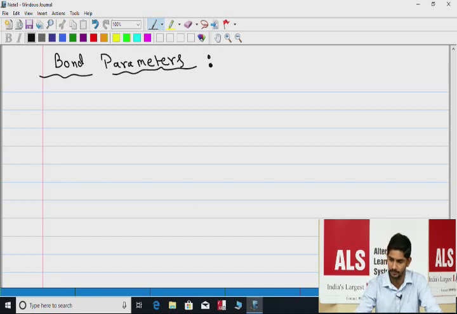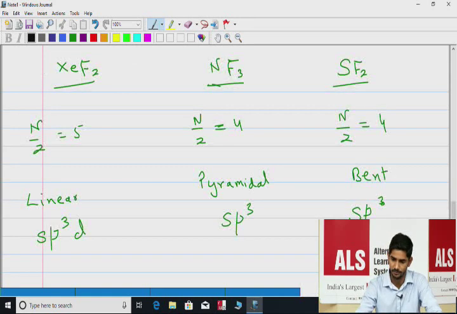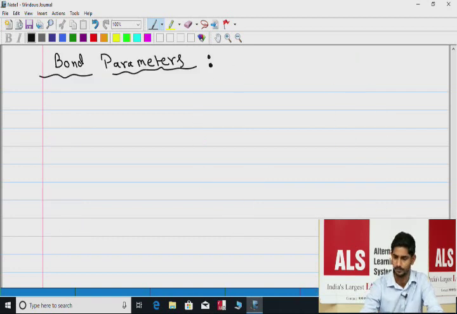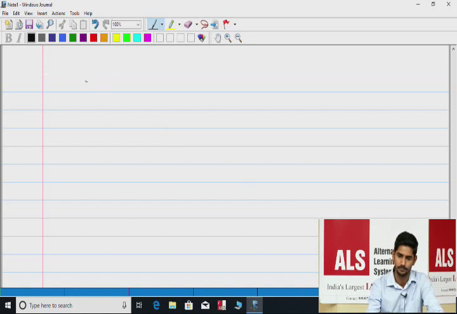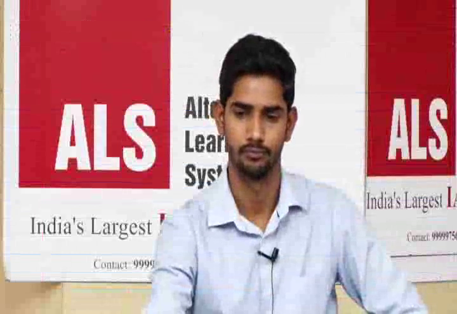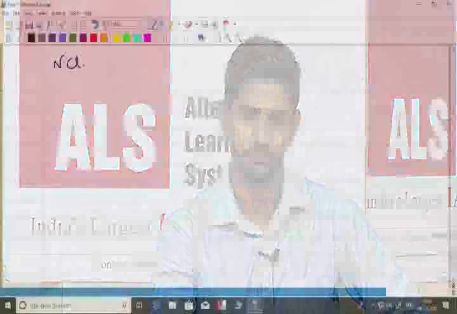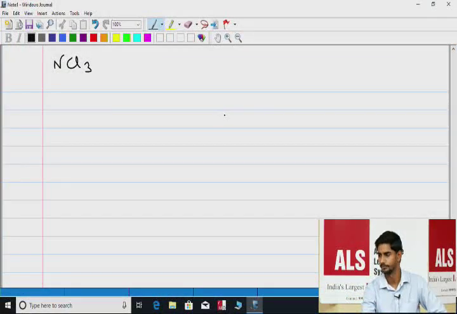Surrounded with 3 elements. There are many available examples. You can take NCl3. Even this one will have the same answer. You can copy this question. NCl3, even this one will have the same answer.